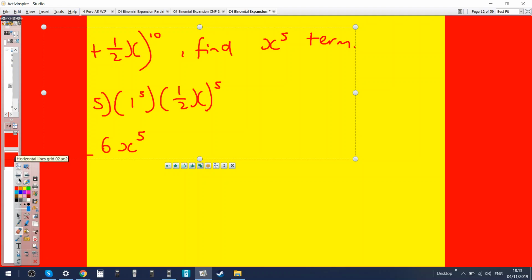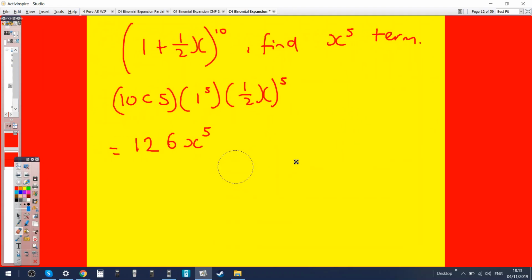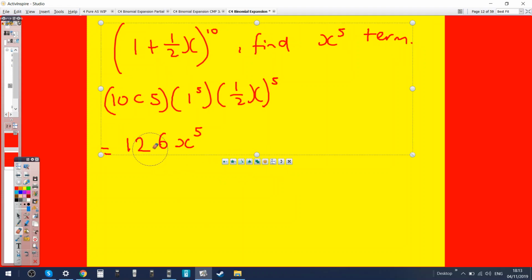Let's see. So this one, I found the x to the 5 term. It is 126 x to the 5, sub 0.001 into this one. And I get 1.26 times 10 to the minus 8.